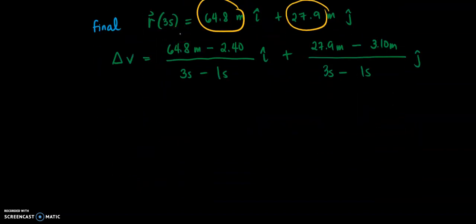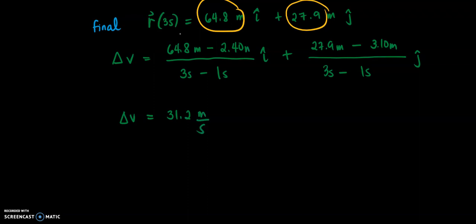Okay, so the average velocity is equal to 64.8 minus 2.40 and divided by 2, that is 31.2 meters per second.